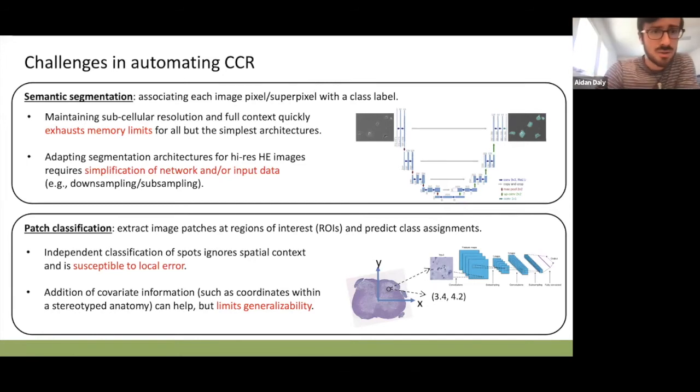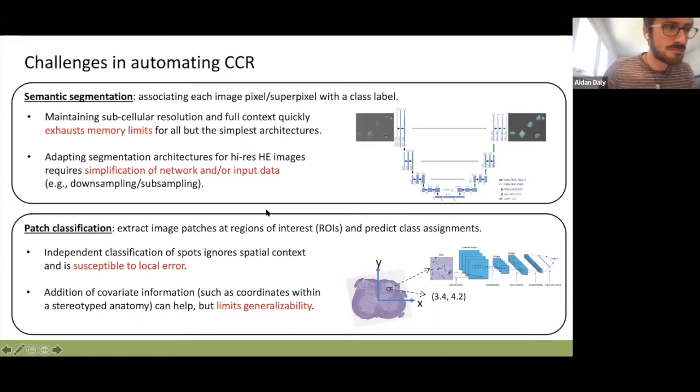The ways that you can fix this are either to reduce the complexity of the network, reducing the number of parameters so there's not as much to keep in memory at once, but that reduces our ability to detect sophisticated patterns. The other option is we reduce the complexity of the input. We either downsample the image, decrease the resolution, or subsample it. We chop it into bits and process the bits independently. Either way, we lose our ability to maintain a global view or a subcellular view. We're trading off to keep those happy.